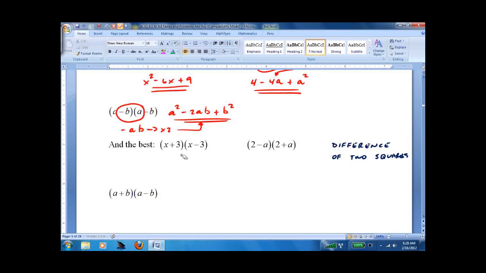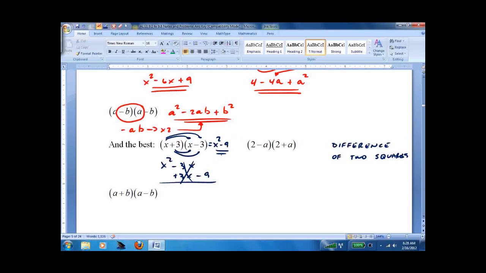Here's a fun thing that happens. We do it the old-fashioned way. Get x squared minus 3x, plus 3x, minus 9. What happens to those terms in the middle? They vanish. And we end up with x squared minus 9.